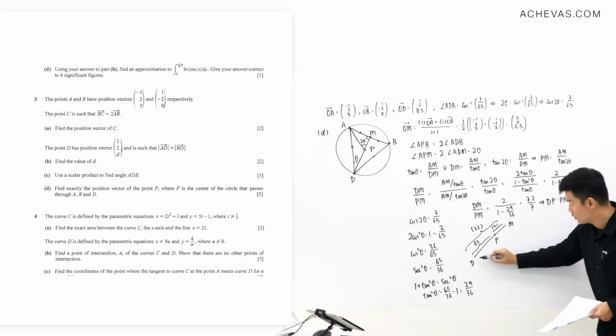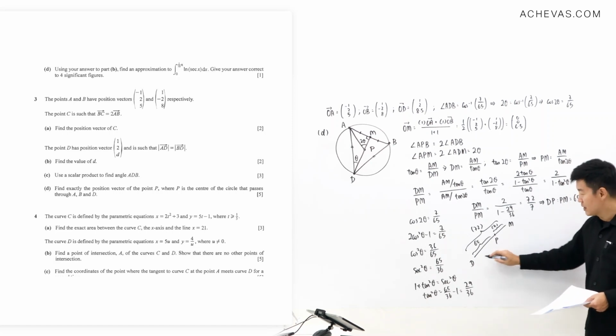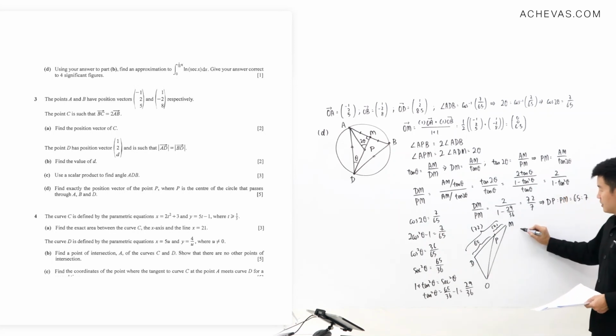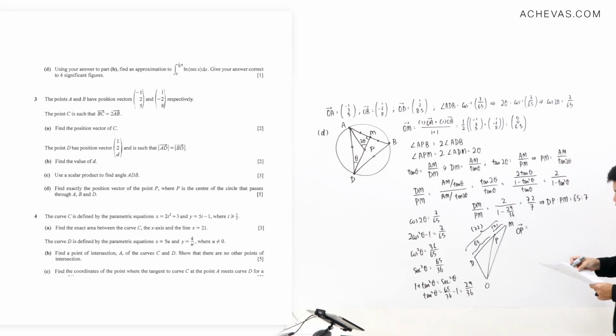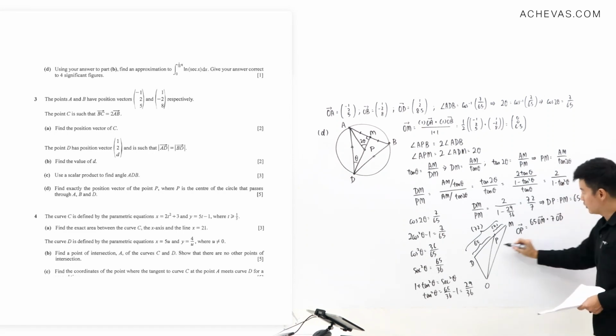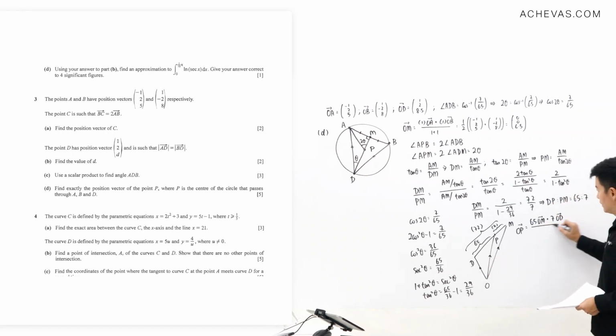And with this, we can then try to reference this to the origin to apply the ratio theorem to find OP. So if I were to reference all this back to the origin, that means OP is going to be equal to 65 times of OM plus 7 times of OD. We are referencing it to this vector and this vector to find OP, divided by 65 plus 7.